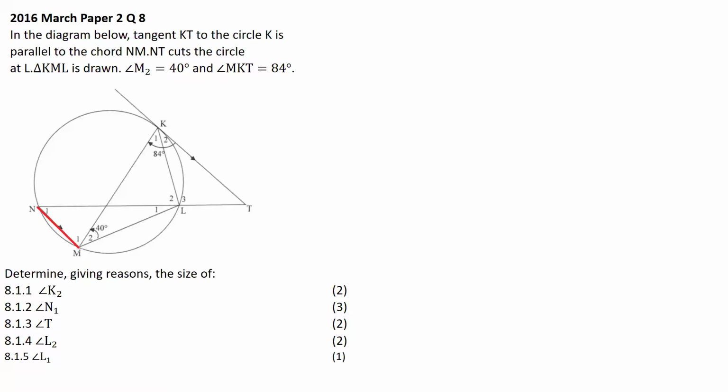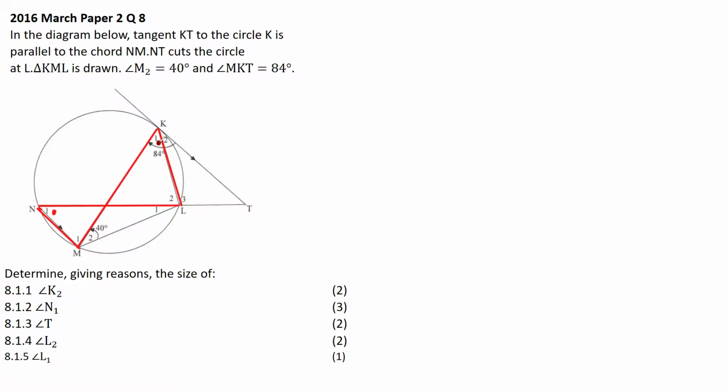N1 is made by a line from M and a line from L. Notice that K1 is also made by a line from M and a line from L. So K1 and N1 are angles in the same segment.